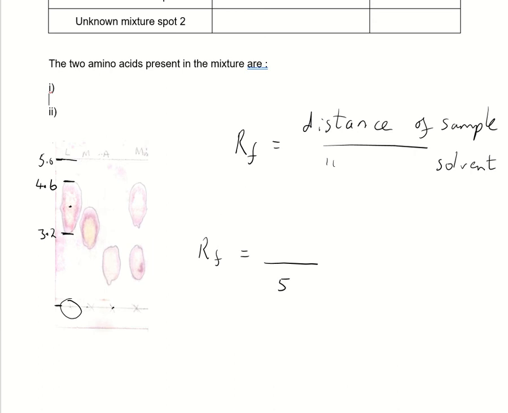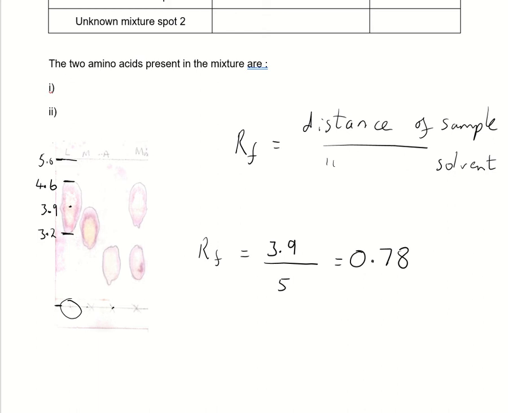The distance between them, as we can see, is 1.4 centimeters, halfway between is 0.7, so 3.2 plus 0.7 means that the middle is at 3.9 centimeters. So to work out the RF then for leucine, I do 3.9 divided by 5, and that gets me 0.78.